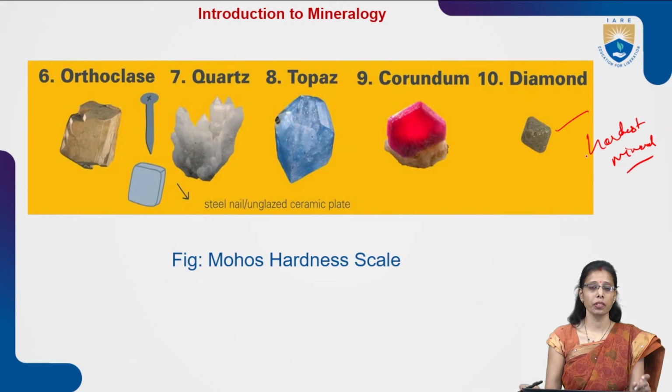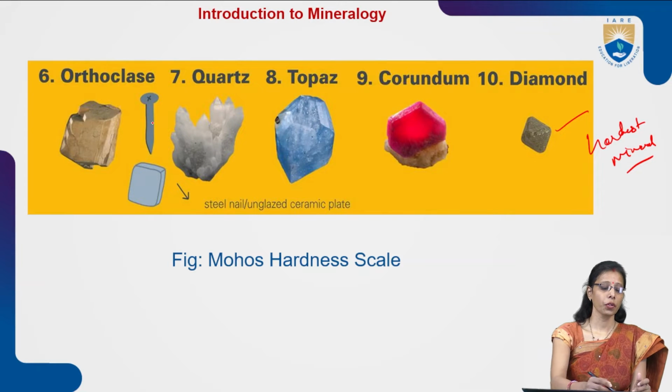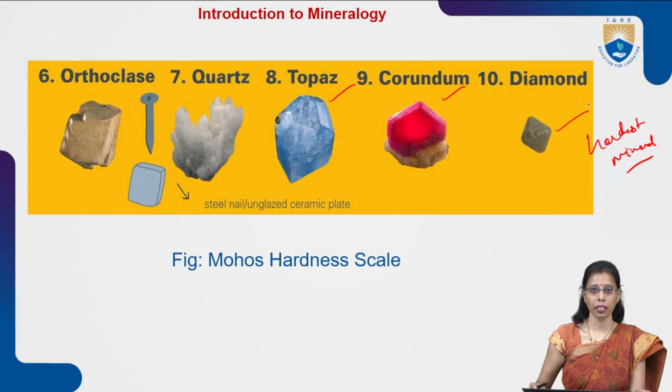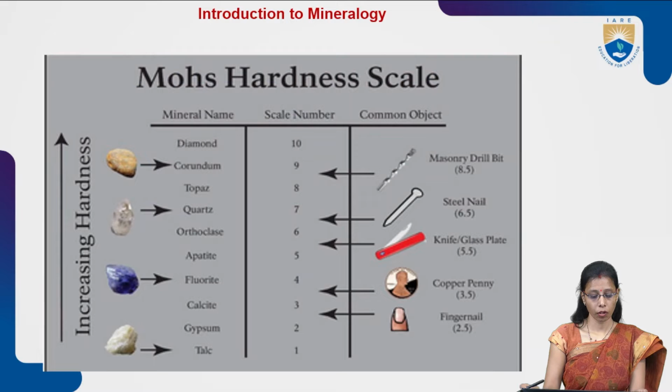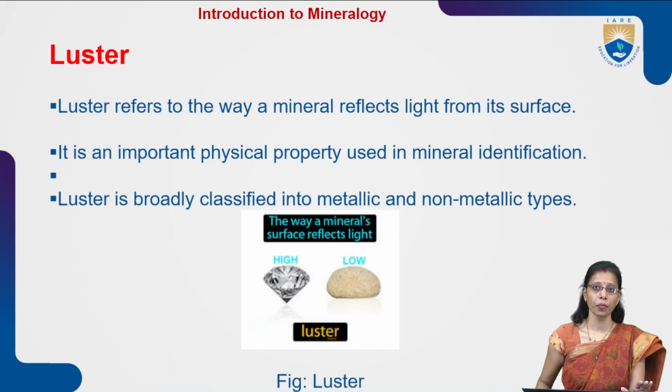These are a few examples of how the hardness is distributed and classified on the Mohs scale. Then orthoclase, quartz, topaz, corundum, and diamond is one of the hardest mineral types. Again we have the same picture here, diamond, and the lowest is talc. It is classified between 1 to 10, so the lowest is the softest and the maximum is the hardest.